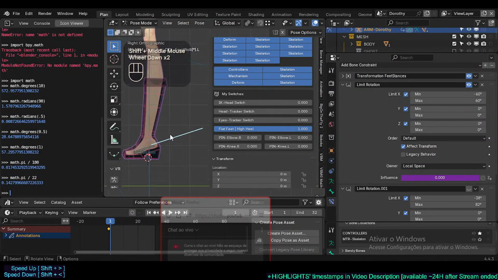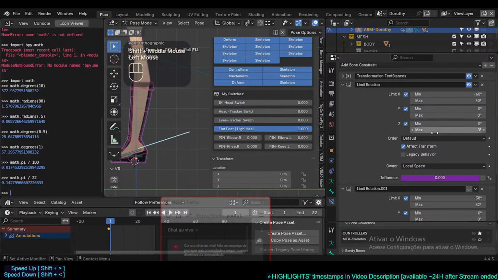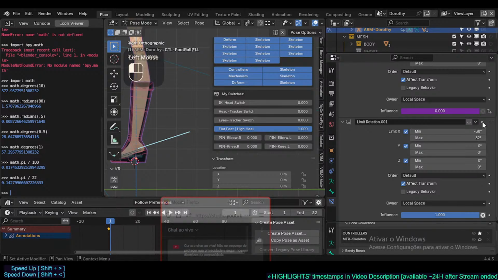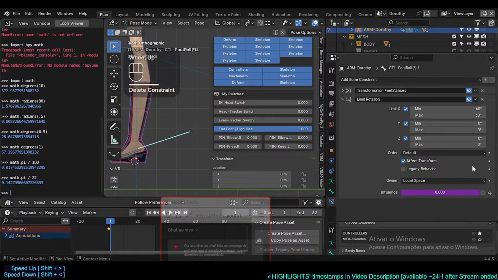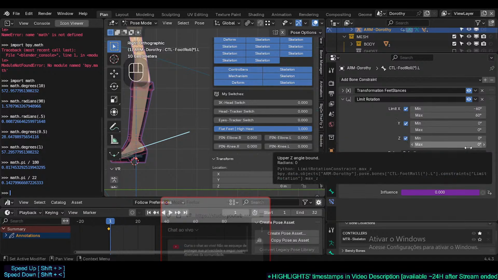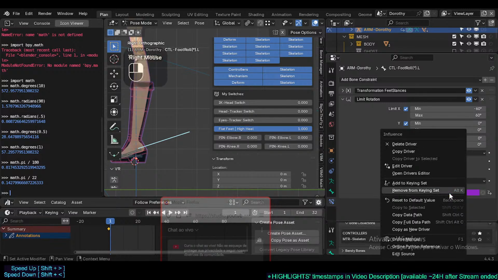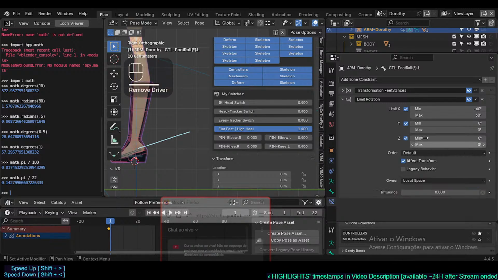So there is a plus 22 degrees here. So what I need to do is add these 22 values here and here, instead of having a different bone constraint, limit rotation bone constraint. I think this is possible. I just need to drive, wait, I don't drive this, I drive this.